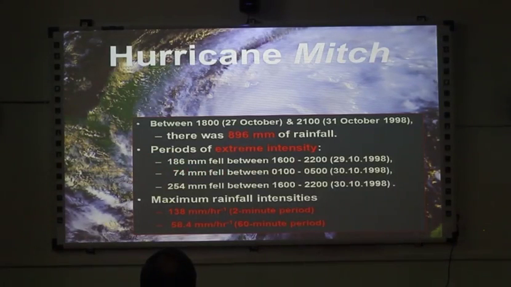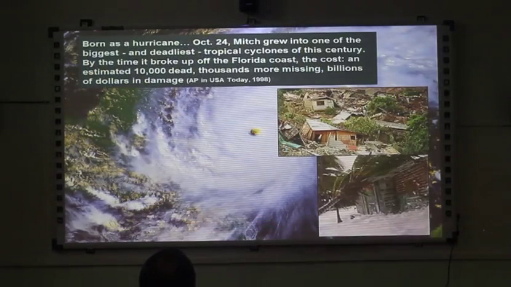I hope for your sake you don't. Maximum intensities are sort of off the scale, but we're in Britain. We've never seen anything like this, of course. Climate there is relatively gentle. That's actually Hurricane Mitch as the backdrop for this.